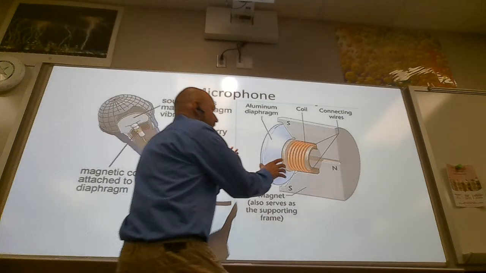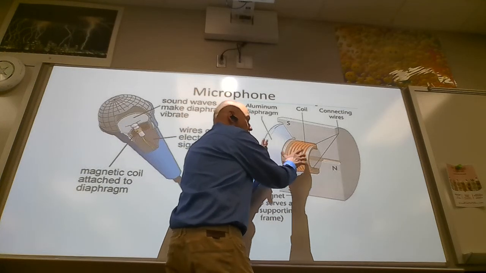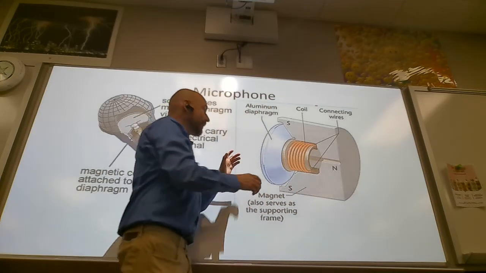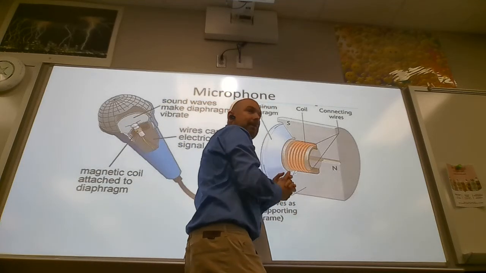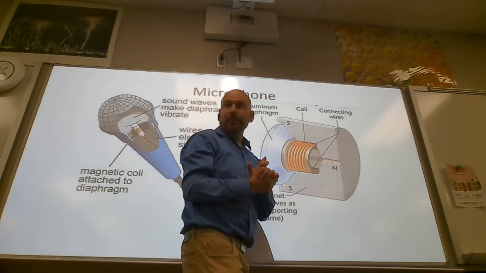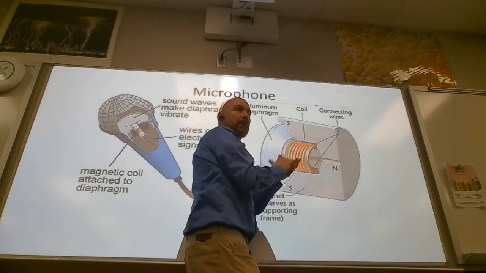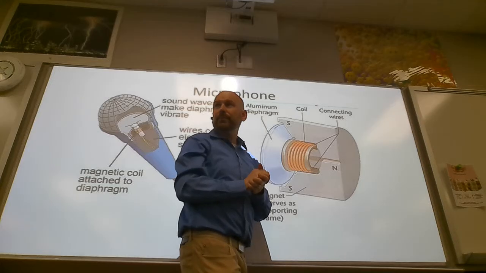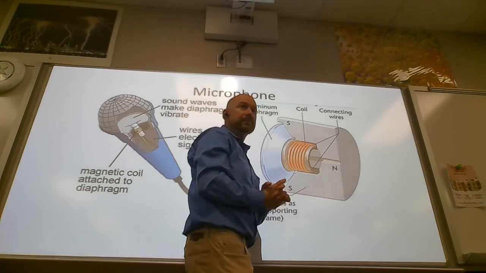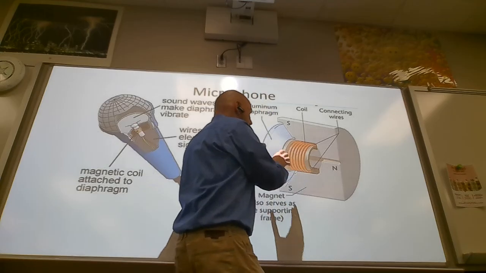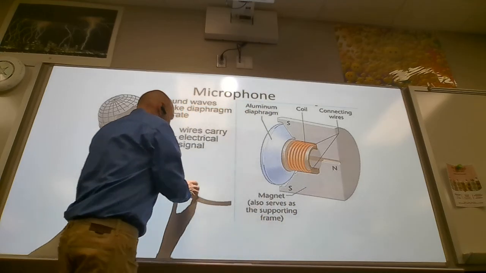And that current, because it's going back and forth, is alternating current. It's not going to be your 60 times a second frequency. It's going to be whatever the frequency is of your voice or of your sound waves that are causing this to vibrate. You okay with that? So it's creating an alternating current.